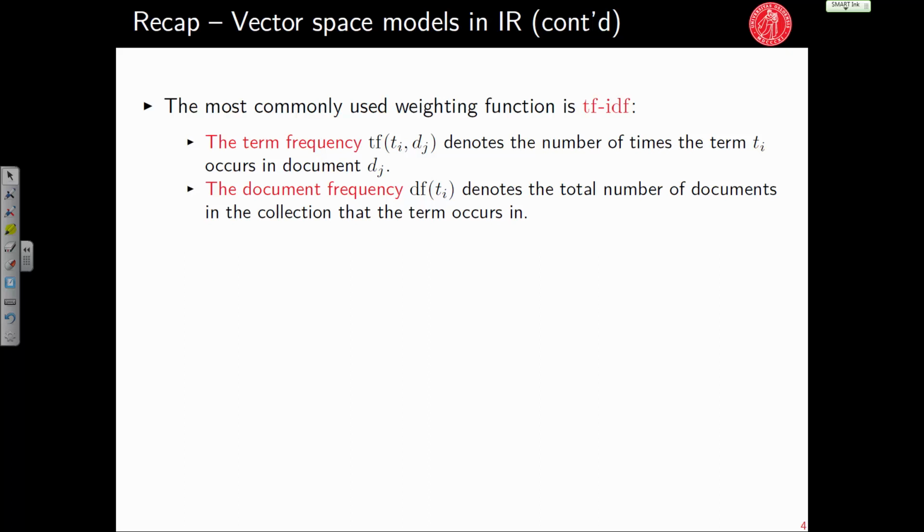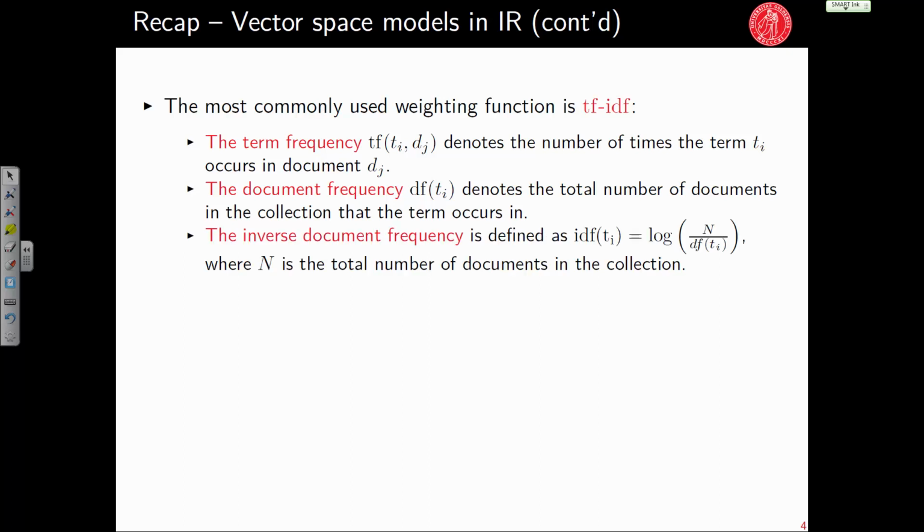For example, intelligence: you have 20,000 documents, and how many of these include the term intelligence? The inverse document frequency is based on this document frequency, and is defined as the logarithm of the number of documents in the collection divided by the document frequency.